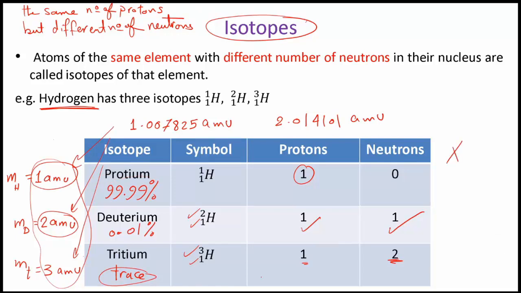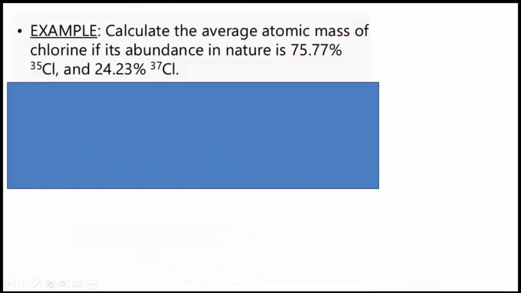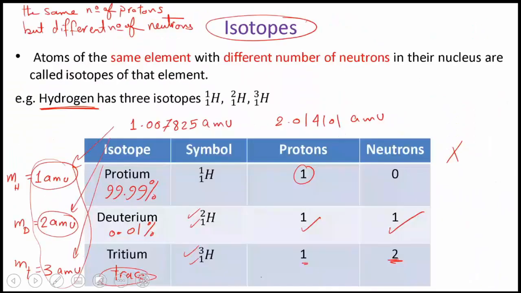What if we have an element that has 2 isotopes, for example? The first isotope is 50% and the other isotope is 50%. Which mass of them will you take? What do you think? So we need an idea. They decided to use the average mass of all the isotopes, not any one of them.